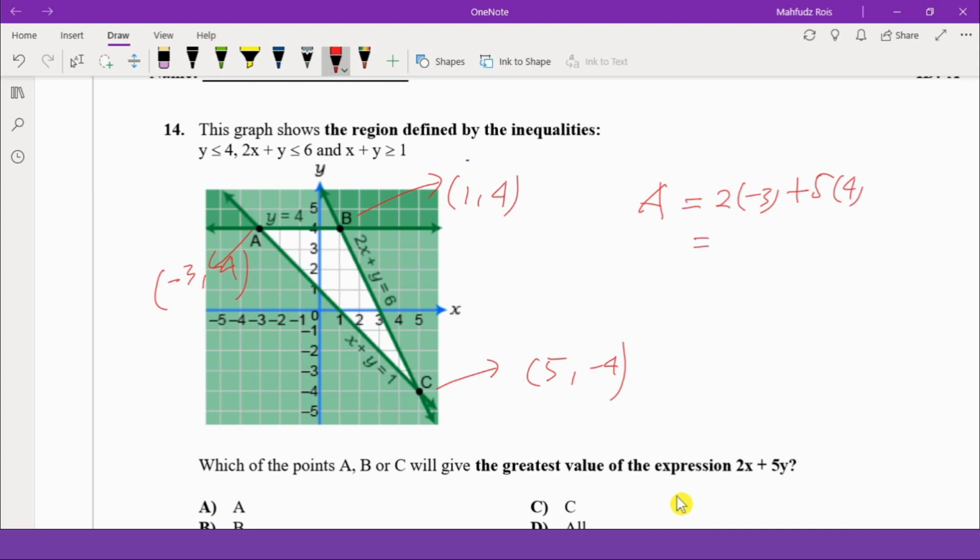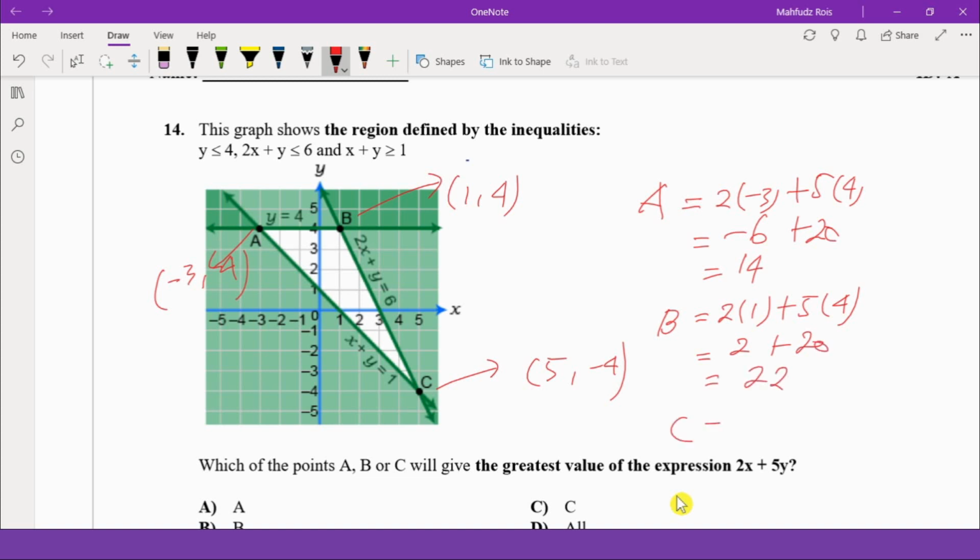Okay, so for A here, it will be -6 plus 20. So it will be 14. All right, and then for point B, 2 times 1 plus 5 times 4. So it will be 2 plus 20. So it will be 22.